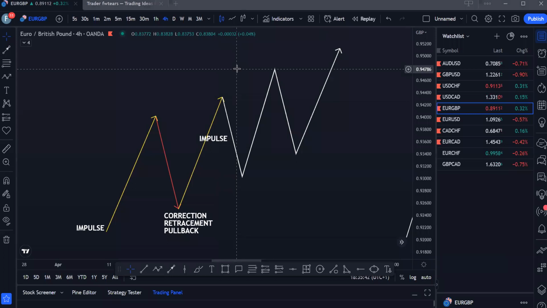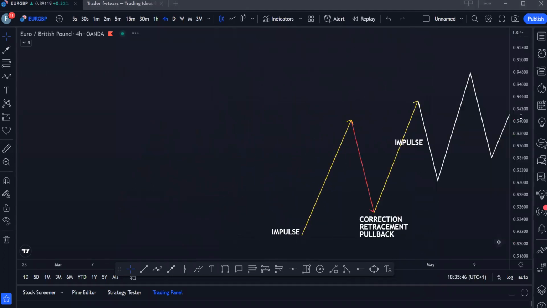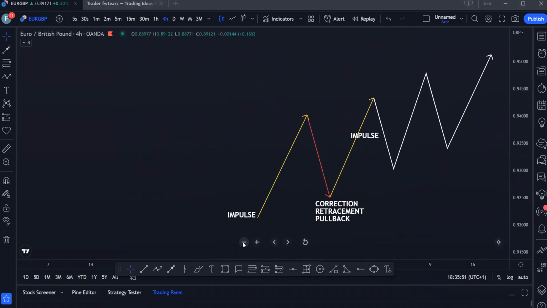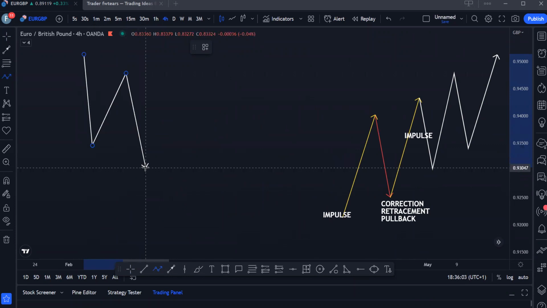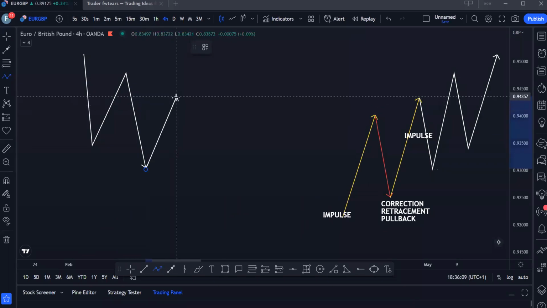All right. Now let's do the flip for a downtrend. So for a downtrend, the same thing. We have the impulse move, you have the correction, and then you have another impulse move. Okay. If that trend will continue, you have another correction and then impulse.